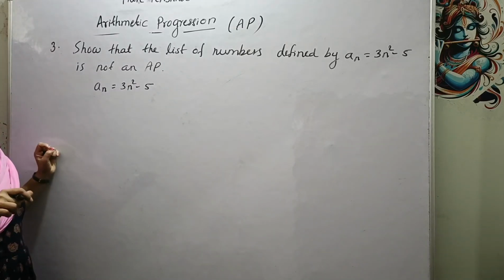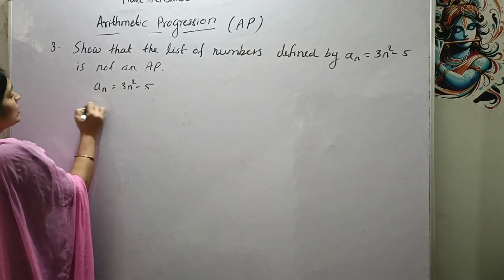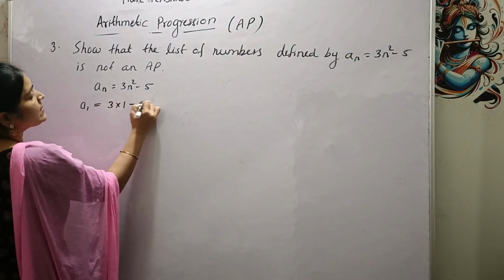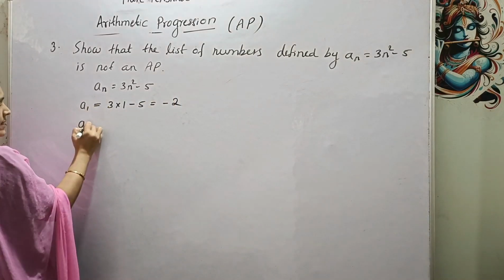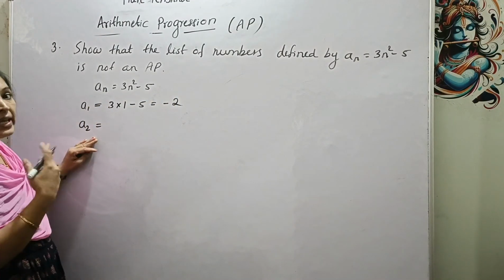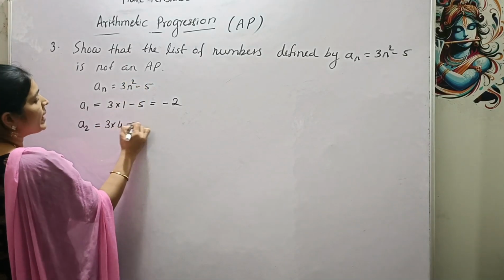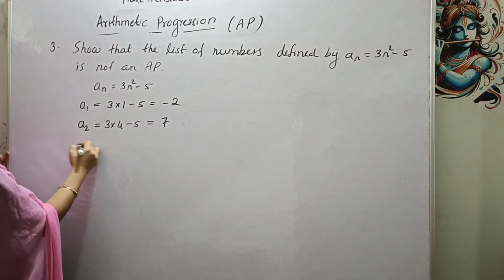Let's find the first term by substituting n equal to 1 in a_n. So a1 is equal to 3 into 1 square, 1, minus 5, is equal to minus 2. Next, let's find the second term by substituting n equal to 2: 3 into 2 square, 4, minus 5 is equal to 12 minus 5, 7.